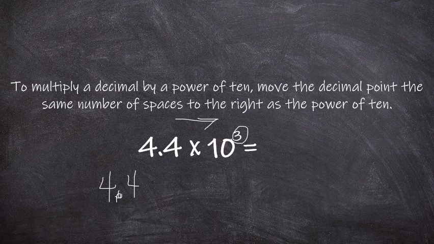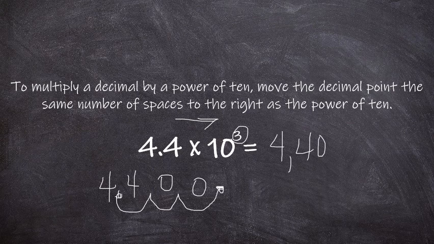So let's move it 1, 2, 3 times. And we're going to stop it there. And we're going to fill in the spaces that are blank with zeros. So 4 and 4/10 times 10 to the third power would equal 4,400.